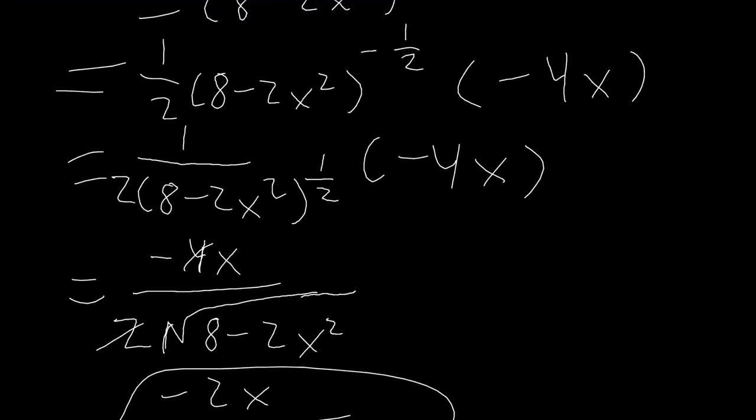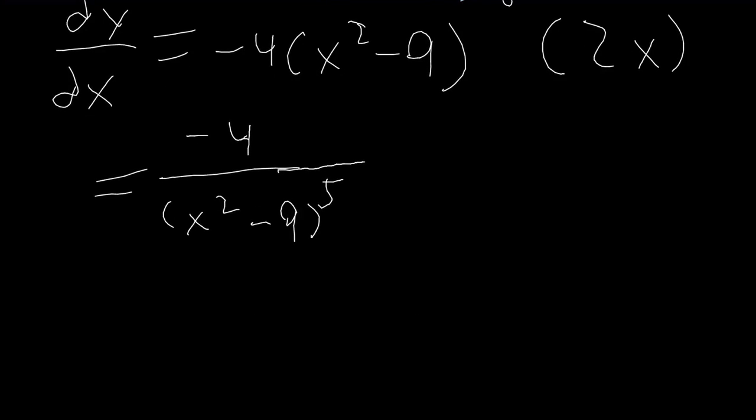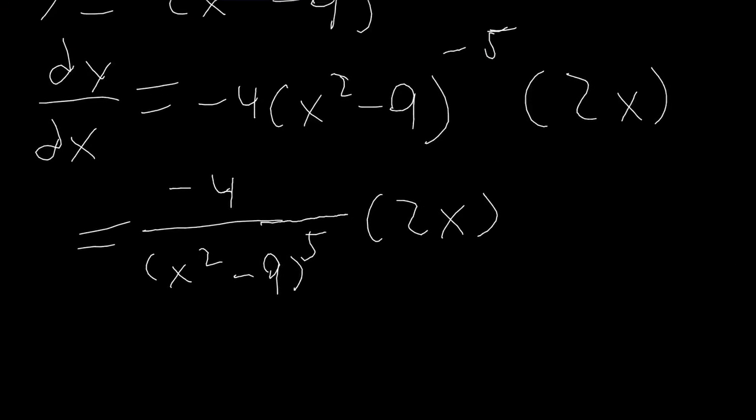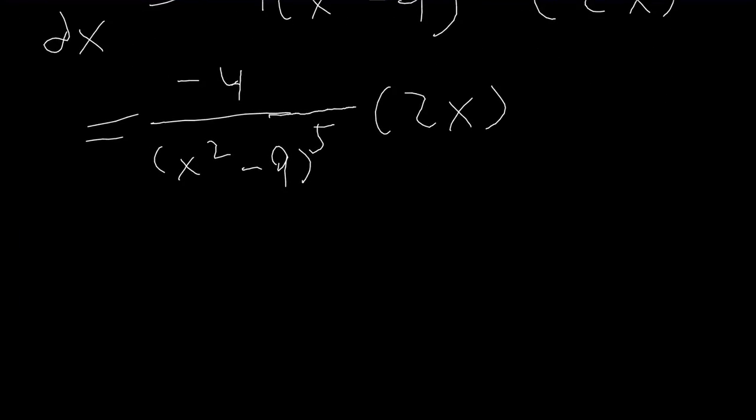We brought the negative a half back down to make it positive. So it's the same thing. And then this is multiplied by 2x. The key is to also realize the negative 4 does not come down with this. Don't bring it down because it's not attached to it.